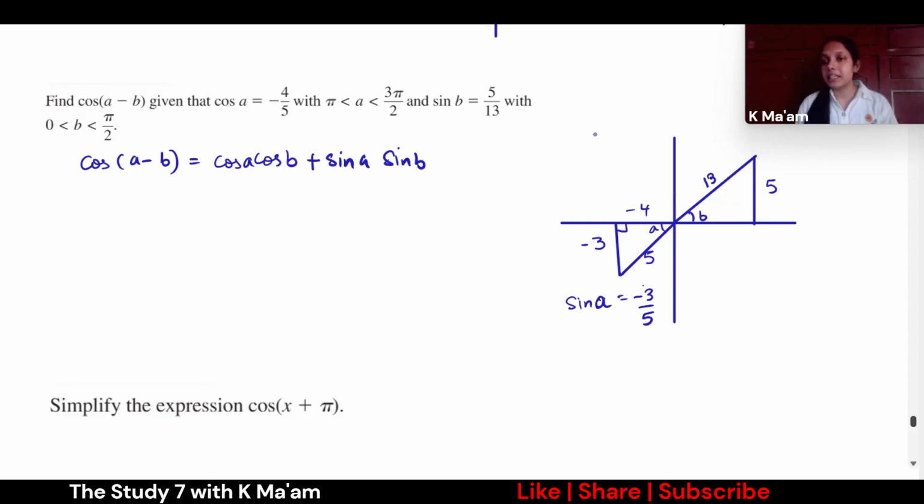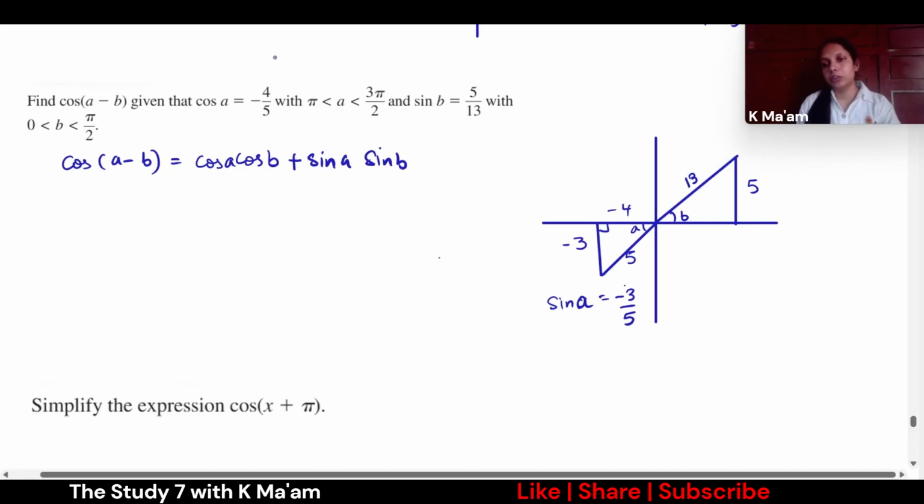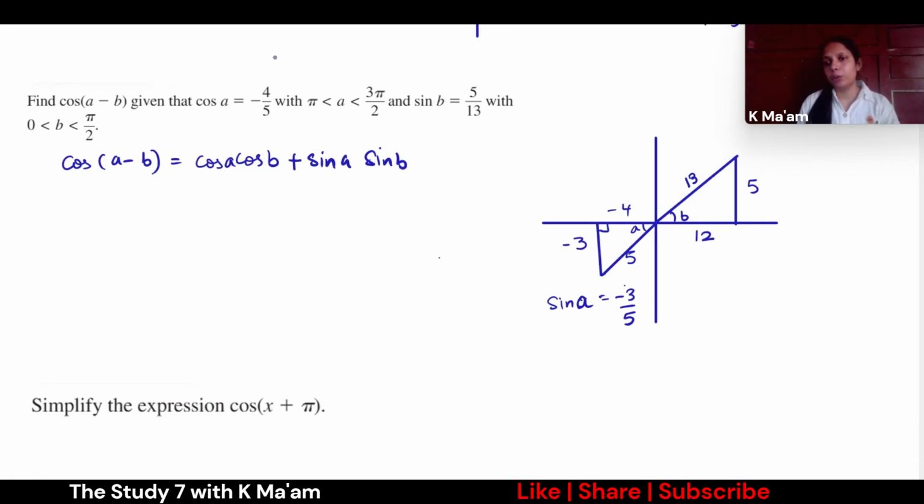What will be the adjacent? So it will be 12. You can use the Pythagoras theorem to calculate. So sine is provided here. So what is cos? Cos of B is 12 by 13. Just substitute the values.